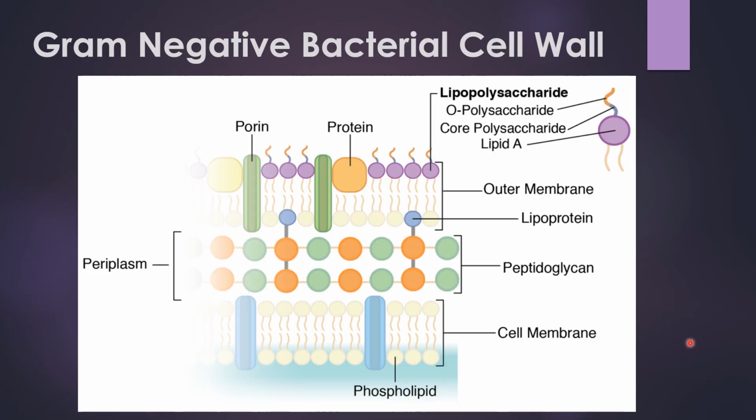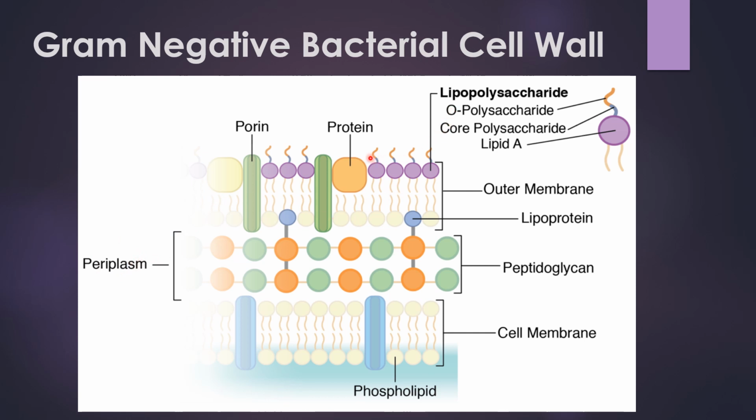This is the structure of the gram-negative cell wall. Here the peptidoglycan is very thin, and it contains some extra parts like the outer membrane. The space between the cell membrane and the outer membrane is called the periplasmic space.